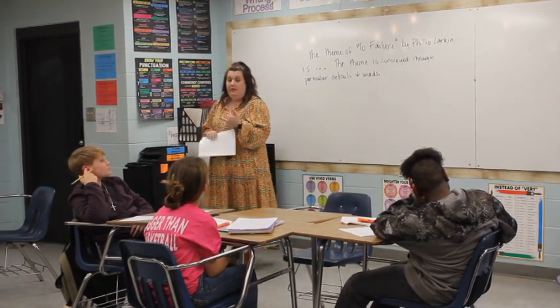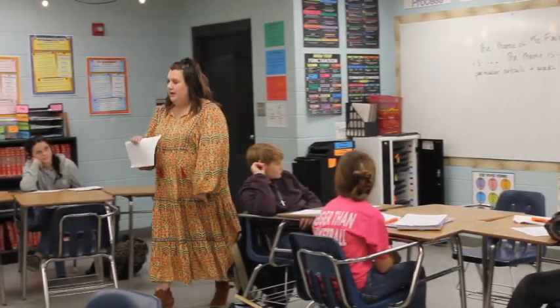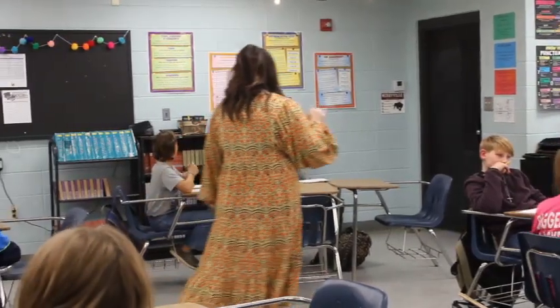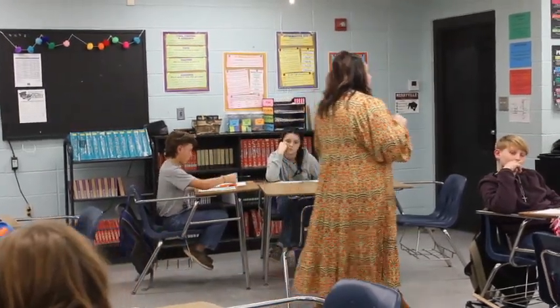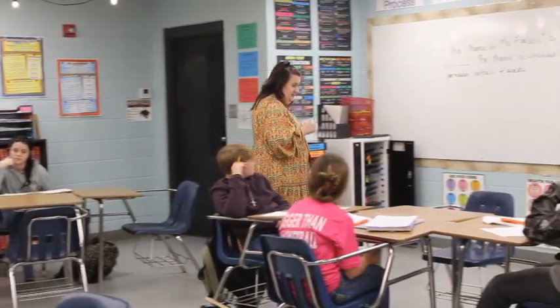And all of the hard work and all the paraphrasing that y'all did helped point us in the direction of the theme of the poem. And then we worked all of that into our writing prompt, and we used it to explain how the theme is conveyed through particular details.